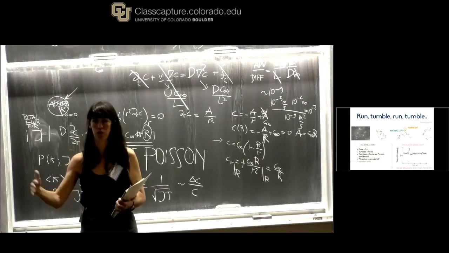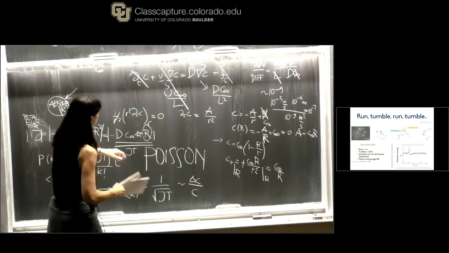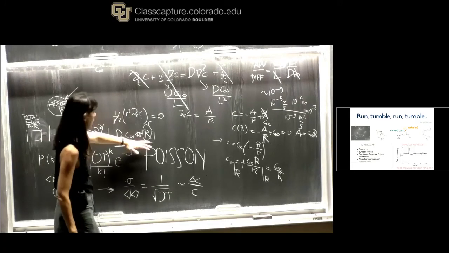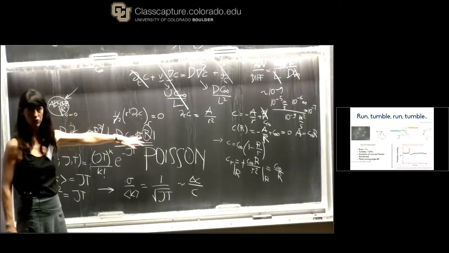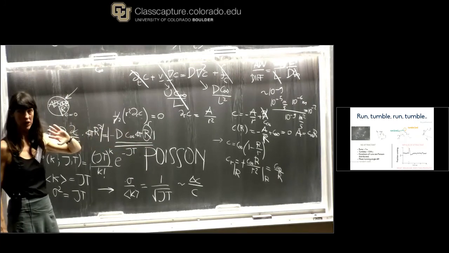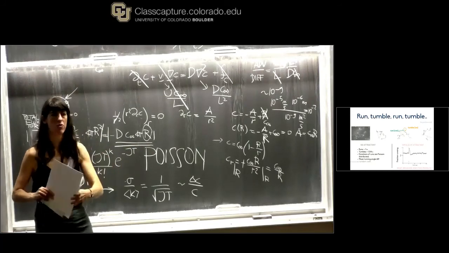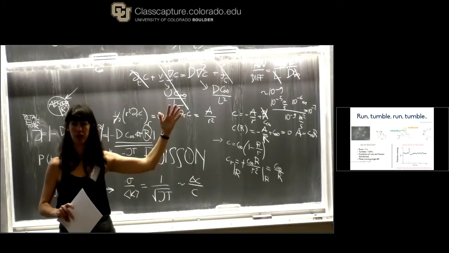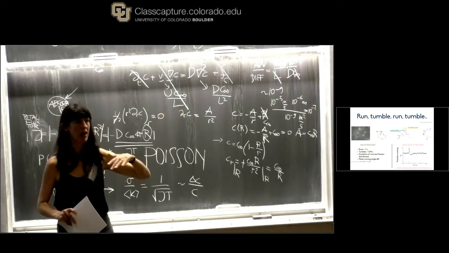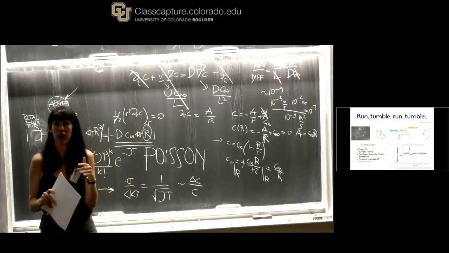Concentrations are equal to probabilities. The consequence of this, and again it's a two-line demonstration that's really elegant, is that if you calculate how many times a random walker will hit the absorber before wandering off to infinity, that number can diverge. If you start close enough to the surface, that number can diverge.